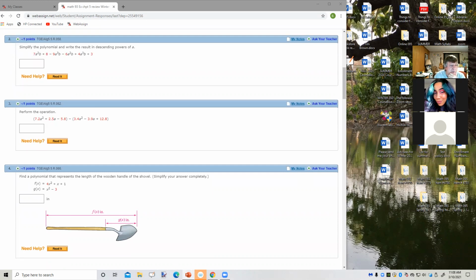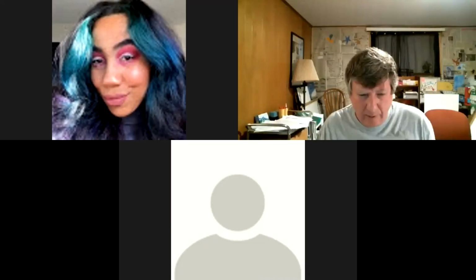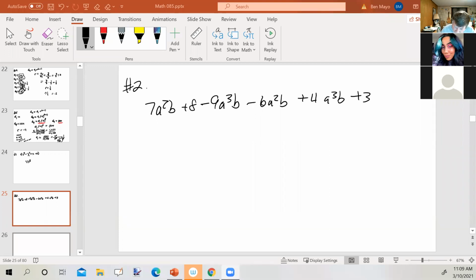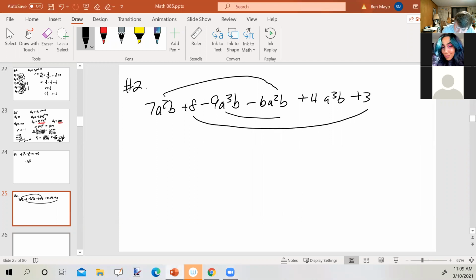All right, let's take a look at problem number 2. It says, simplify the polynomial and write it in descending powers of a. So we've got 7a squared b plus 8 minus 9a cubed b minus 6a squared b plus 4a cubed b plus 3. Combining like terms, it's said in descending powers of a.